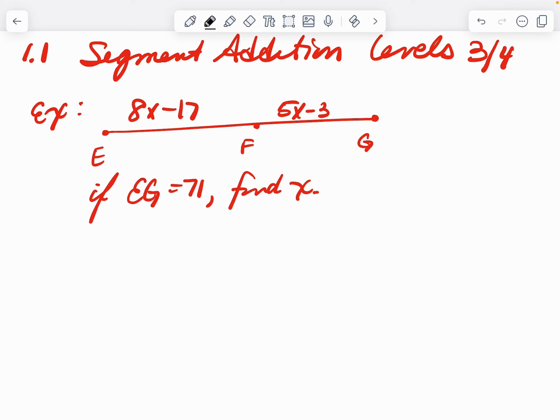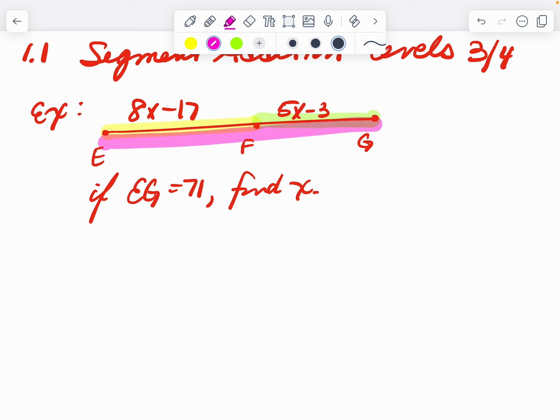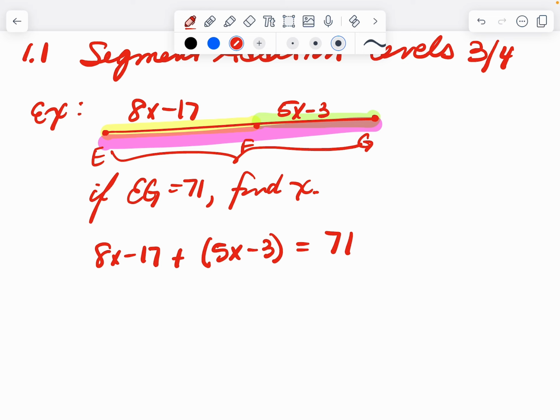So this plus this equals the whole thing. We're just going to add them together. It's just using algebra. So 8x minus 17 plus, and I put it in parentheses the first time in case there's any negatives I need to deal with, has to equal 71, because this is EG.